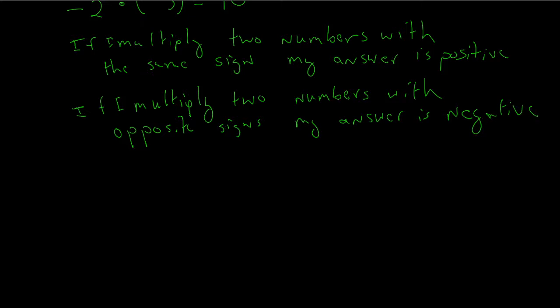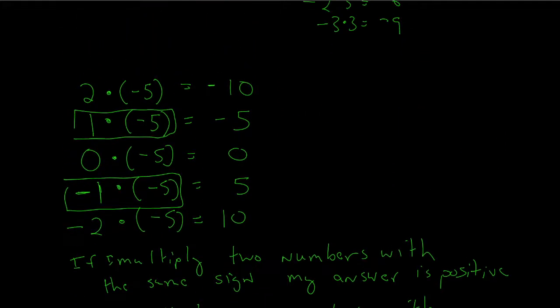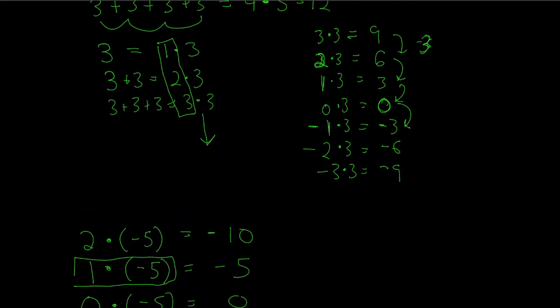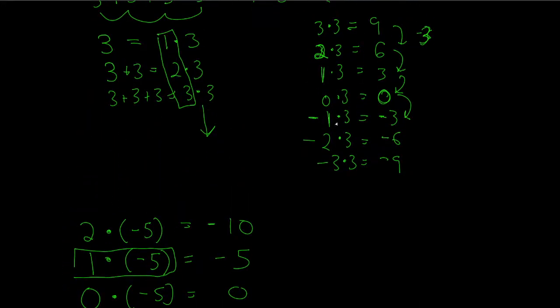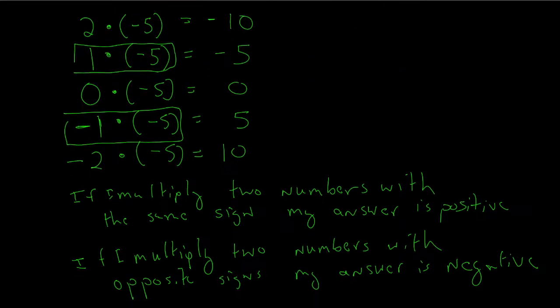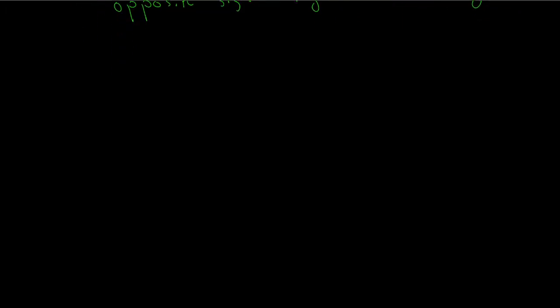And as we've talked about, mathematics is looking for patterns. And so here I have two different signs, and I get a negative number. Here I have two different signs, and I get a negative number. This is the pattern we can apply to multiplications.